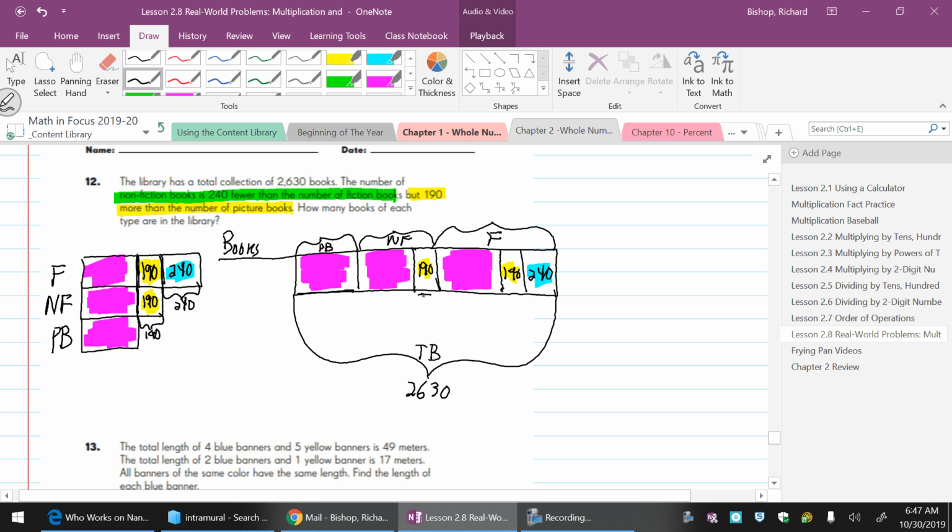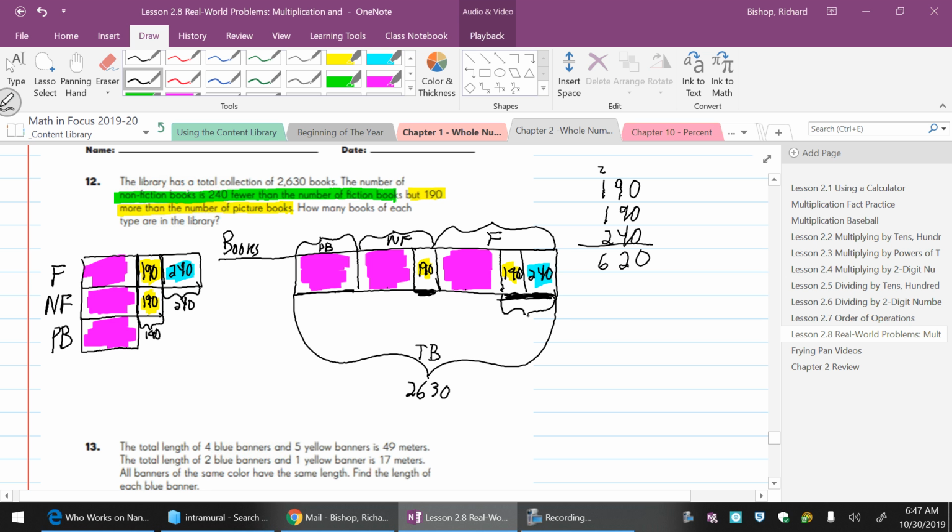I have 190 and 190 and 240 that I'm going to add together. 190 plus 190 plus 240, okay, is 620, right? So now I have 3 spaces that are equal, but I've eliminated these 3 middle boxes, okay? So let me show you kind of how that works there.